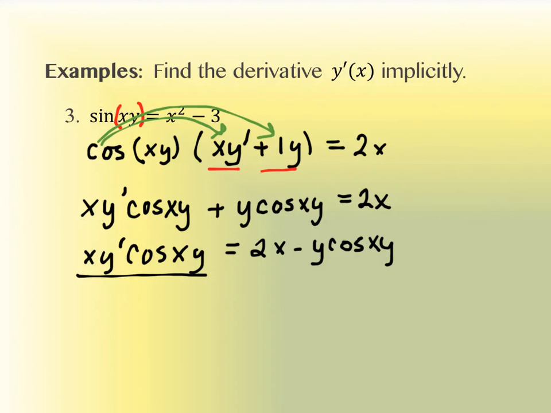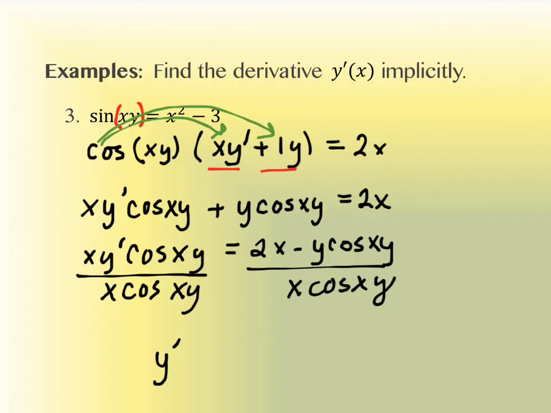Divide? What are we going to divide by? x cosine xy. Good. You got two of you guys saying it. x cosine of xy. So my final answer then will be y prime equals 2x minus y cosine xy over x cosine xy.